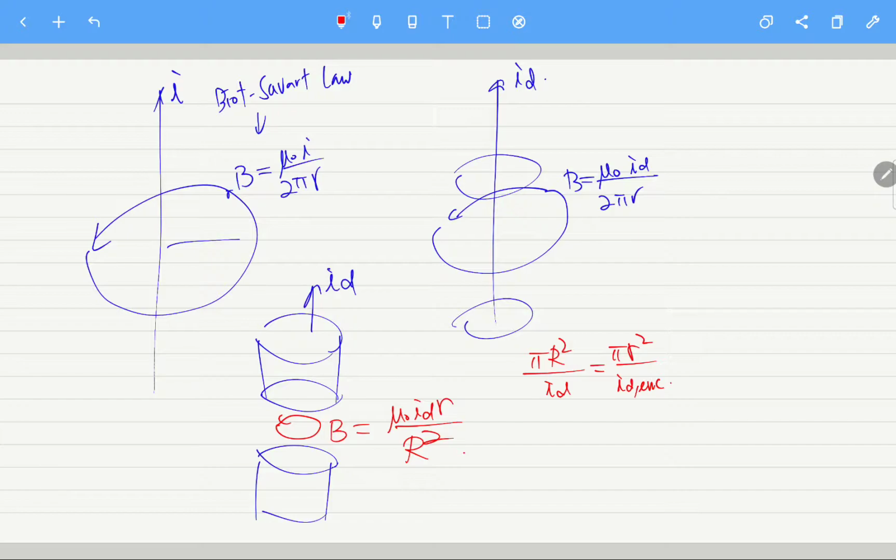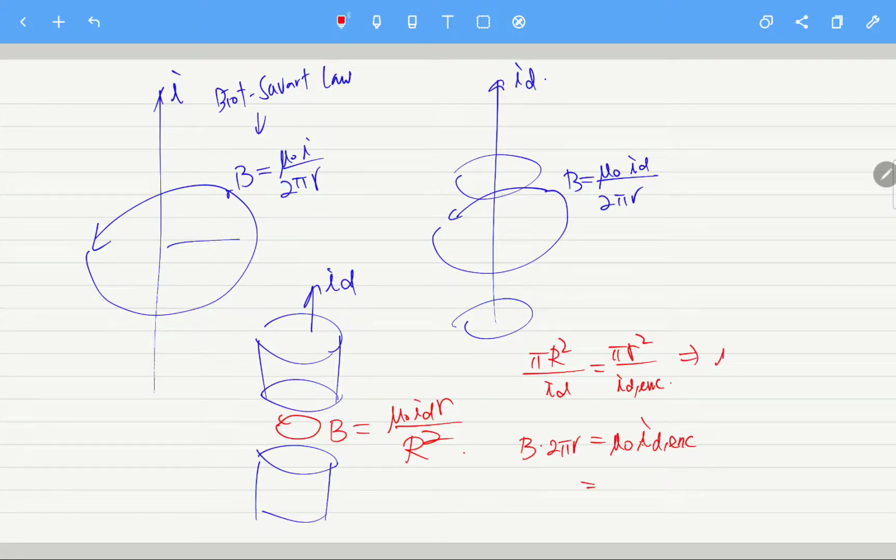So if you really apply Maxwell's law, it will be B times 2 pi r equals mu naught I enclosed. I enclosed is actually I_D times, let me write one more step, so this is I_D enclosed.